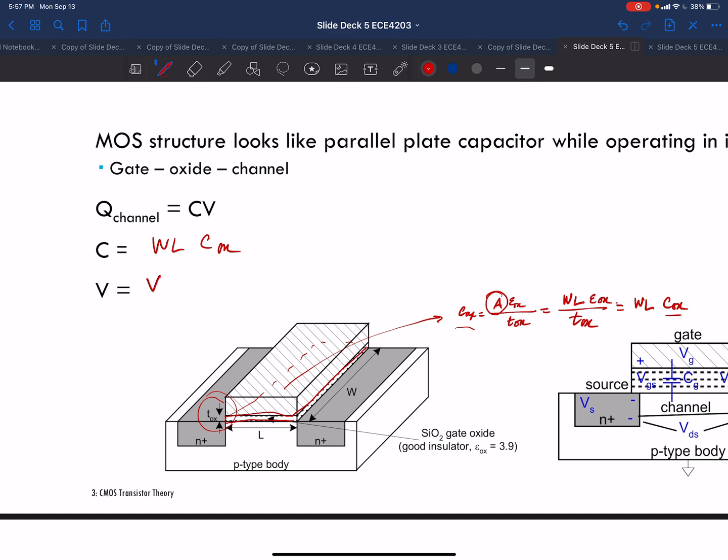So we're looking for V gate channel minus VT. At any one of these points, we have a different V gate channel, but we're going to approximate all of that as an average value, which is V gate source minus V drain source over 2, minus VT.